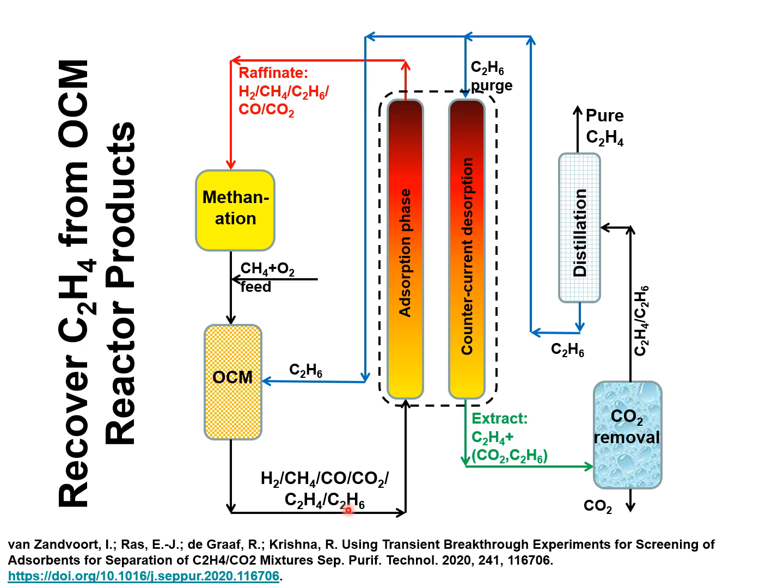There is considerable economic incentive to recover ethene from this reactor product. Use of PSA technology for recovery of ethene offers the potential for the development of an energy efficient OCM process.